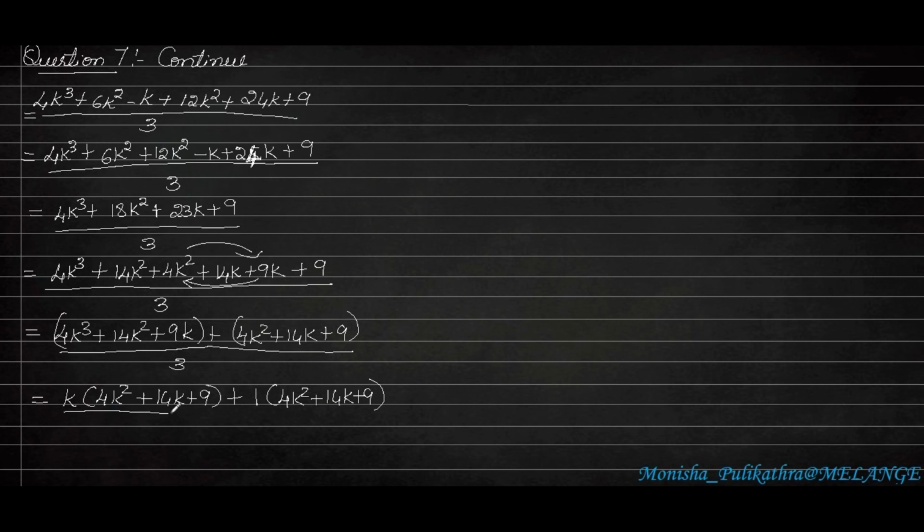So now you can see the changes here. Both the brackets have same numbers. So if the brackets have same numbers, we can take out the common, that is 4k square plus 14k plus 9, and the other is k plus 1. If you take this as common, the remaining will be k plus 1. So k plus 1, whole divided by 3.